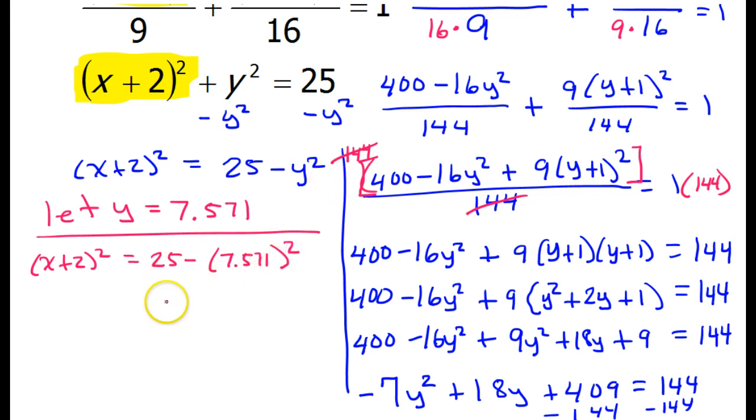Okay, let's see, what is that? 7.571 squared is 57.320. So I've got x plus 2 squared is equal to 25 minus 57.32.